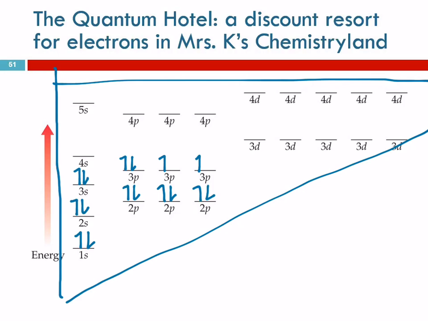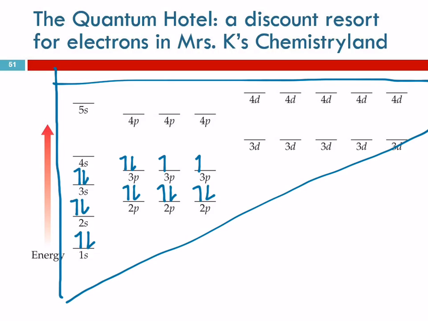Now, we can take that and write down more concisely, like maybe the desk manager, the guy at the desk, would keep track of who's in the rooms, which rooms are fully occupied, so that when more electrons come in, he's not going to send them to a room that's already full, right? So this is what's going on in the hotel. The manager downstairs is going to keep track of what's going on.